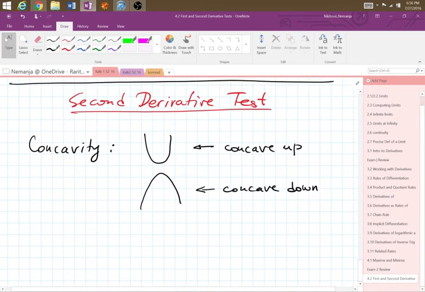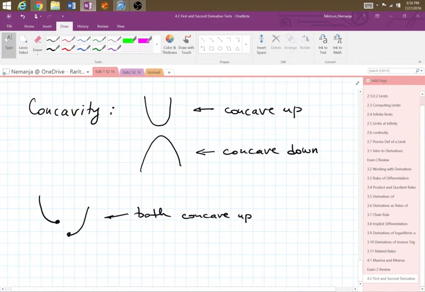Now we can actually break these shapes into halves. So if you have a piece like this, a piece like that, both are concave up. And you have a piece like that, a piece like this, both concave down.